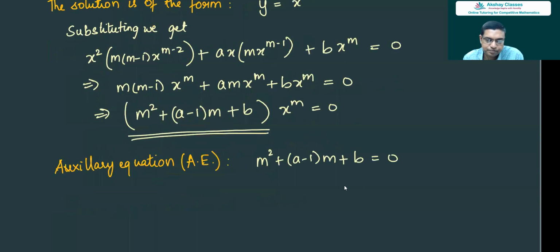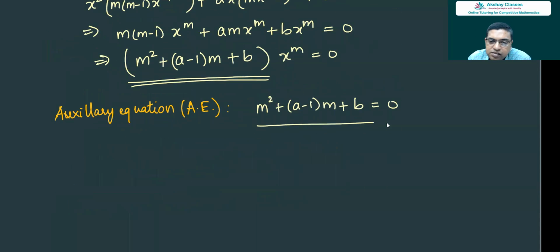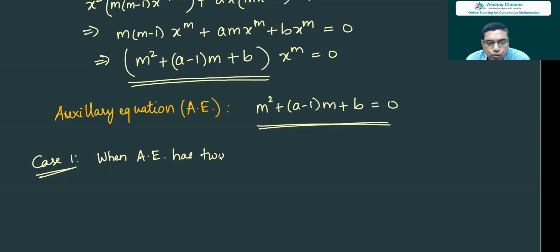So case 1 for auxiliary equation, when auxiliary equation has two real and distinct roots.